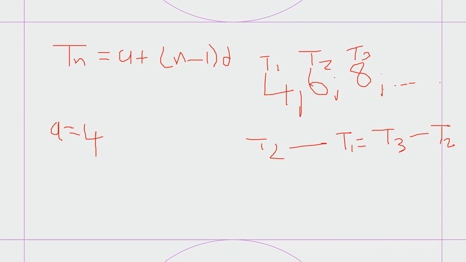So term 2, which is 6, subtract term 1, which is 4, equals term number 3, which is 8, subtract term number 2, which is 6. So 6 subtract 4 is 2, and 8 subtract 6 is also 2. Therefore we can conclude our difference is constant, and the value of D is going to be 2.